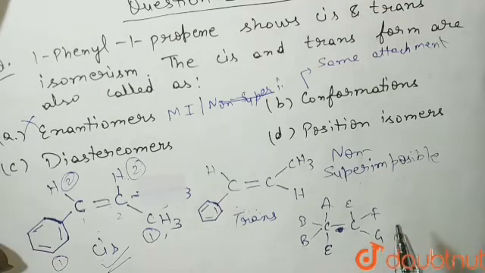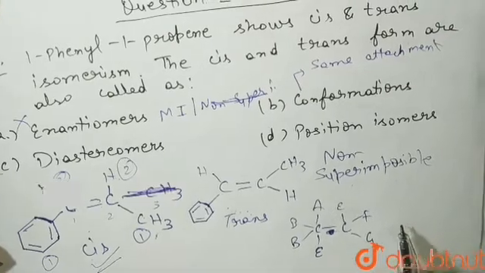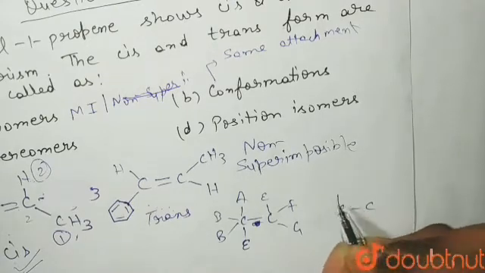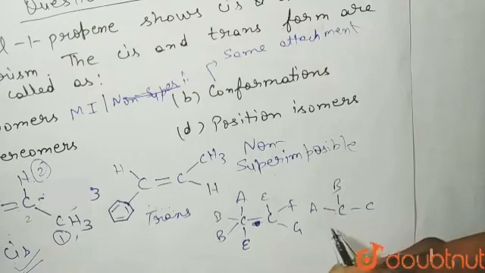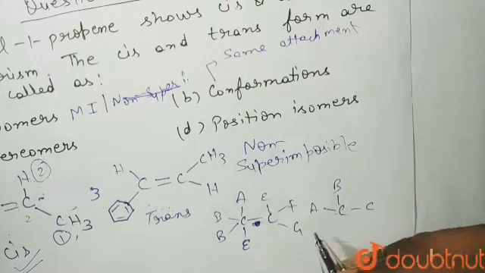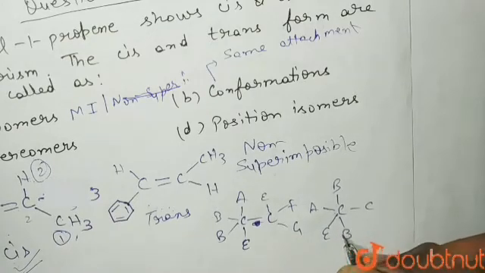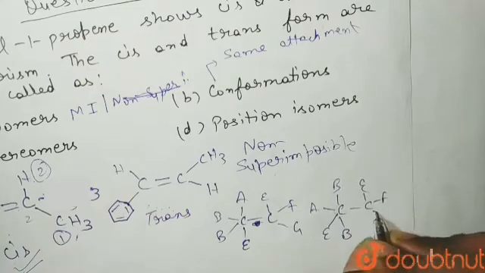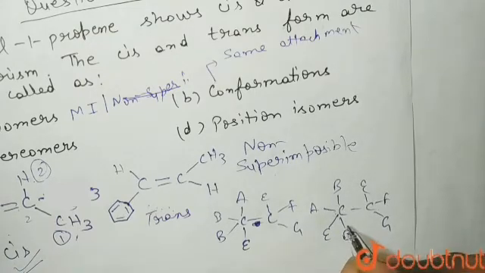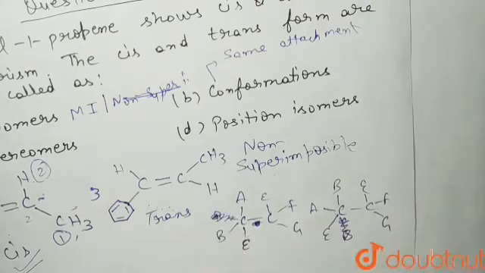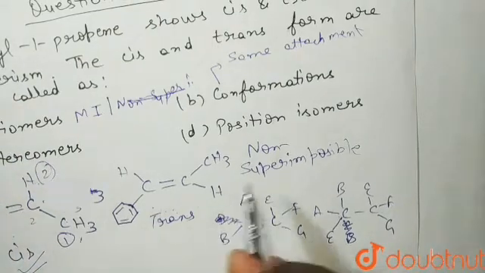If I draw another isomer of this compound, here I'm just taking an example to show you. What will it look like? It will look like this: C, here B, here A. You just rotate them, because on just rotation these compounds can form the same structure.